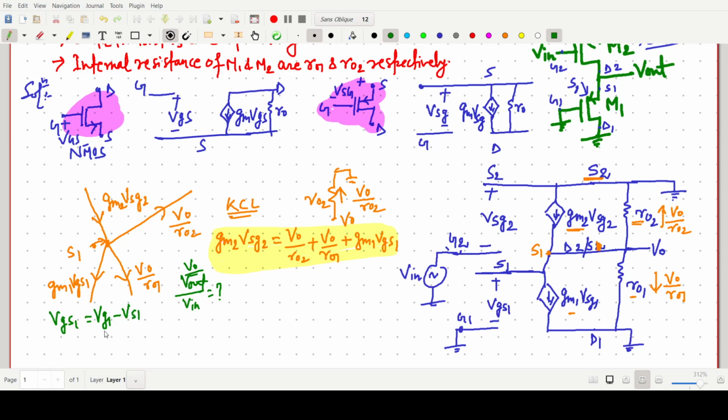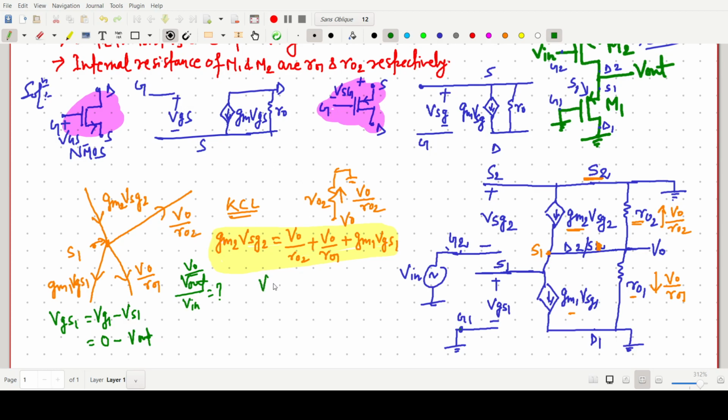I am writing here. Now VG1 is grounded, so this voltage will be 0, and VS1 is minus V out.